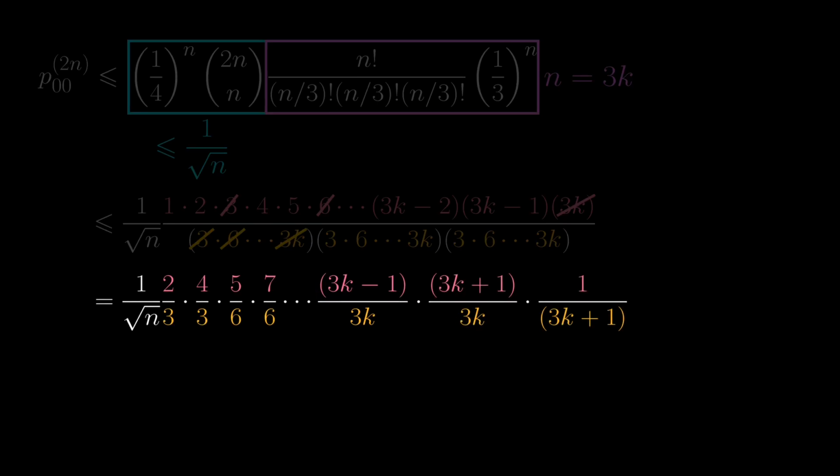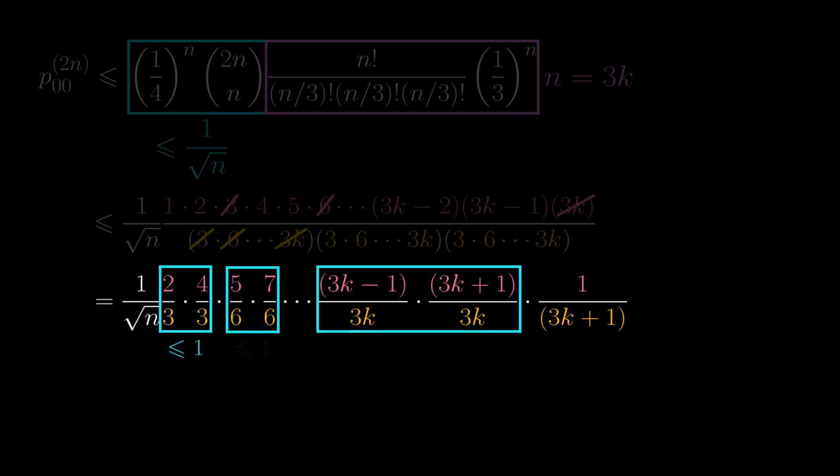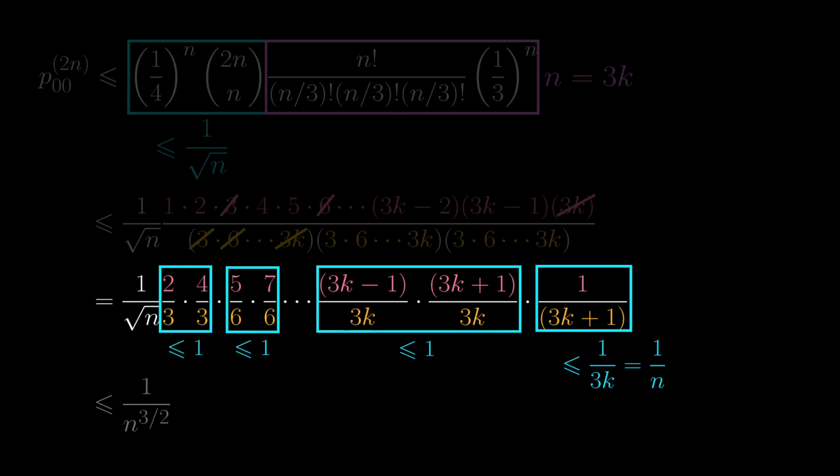And again, we note that each pair of fractions multiply to less than 1, and the final factor of 1 over 3k plus 1 is less than 1 over 3k. But n is 3k, so this is smaller than 1 over n. Together with the 1 over square root of n in front, this amounts to the overestimate 1 over n to the 3/2.